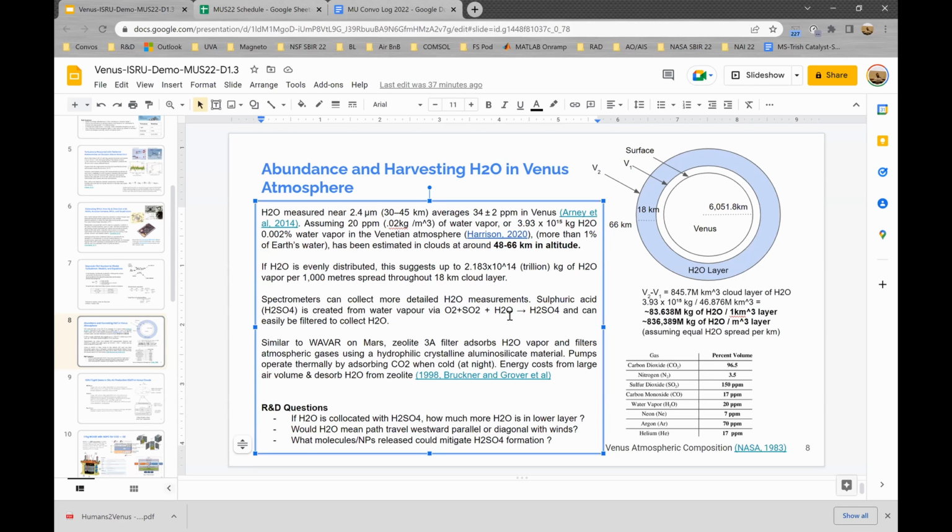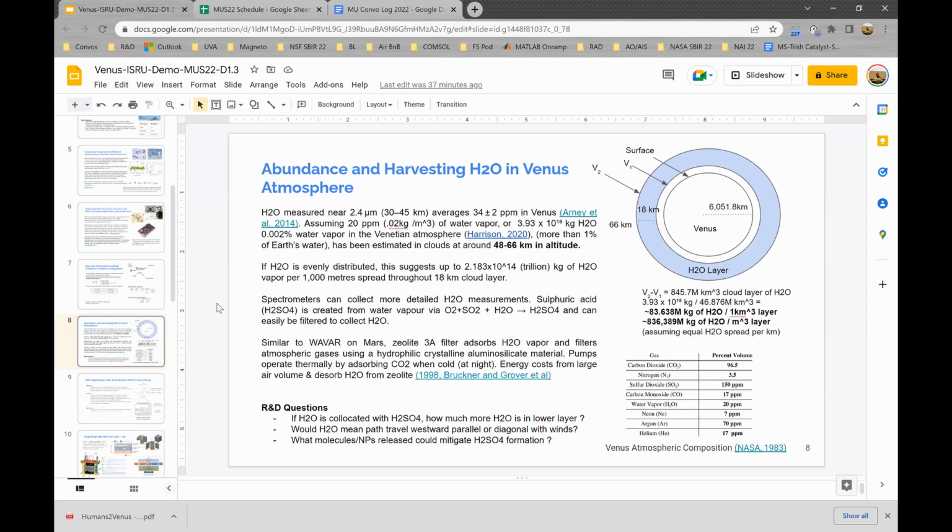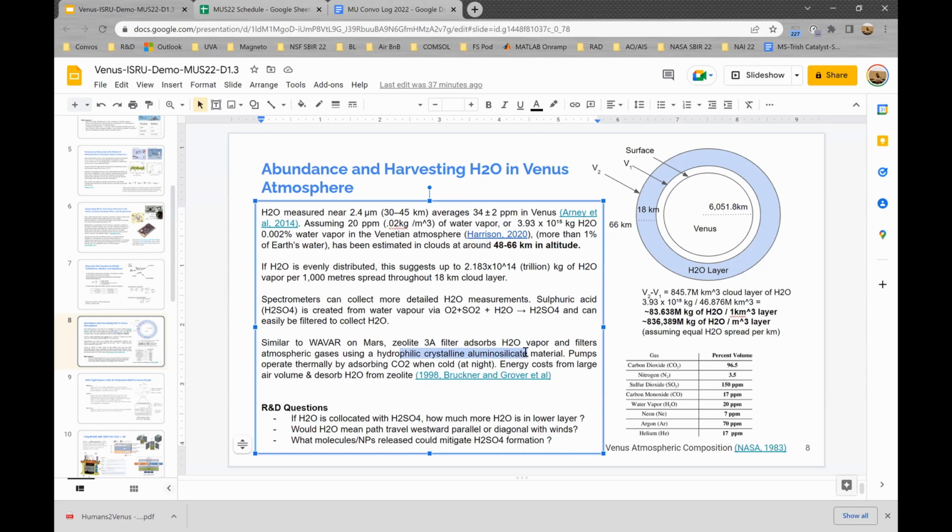And so we should be able to easily filter out the water from the sulfuric acid and collect a lot of water to support life in the clouds, and can do this through this filtration process similar to the WAVAR and zeolite beds, and these hydrophilic crystalline aluminosilicate materials.